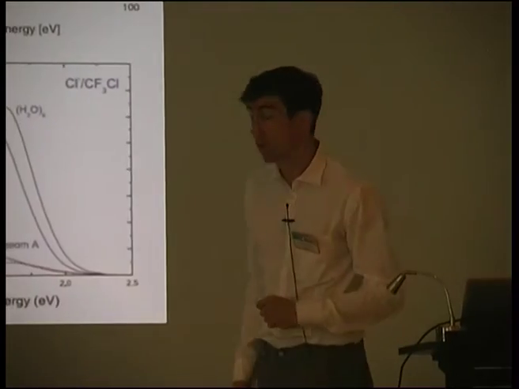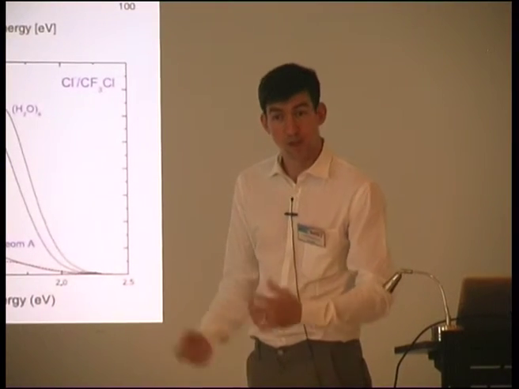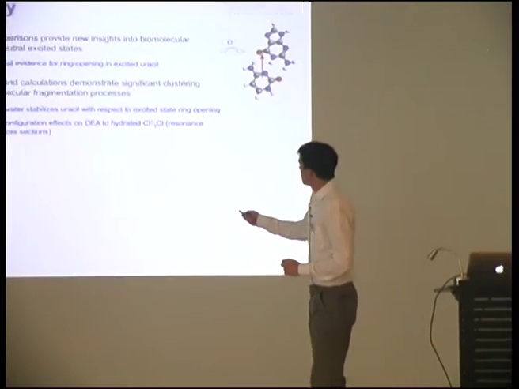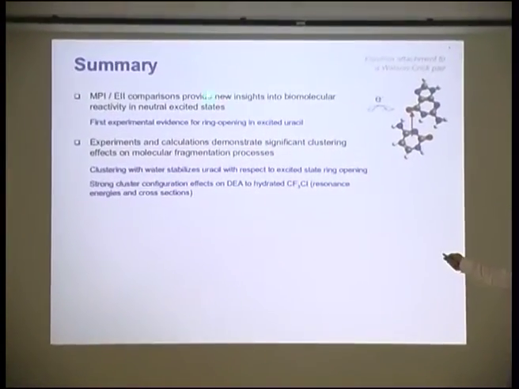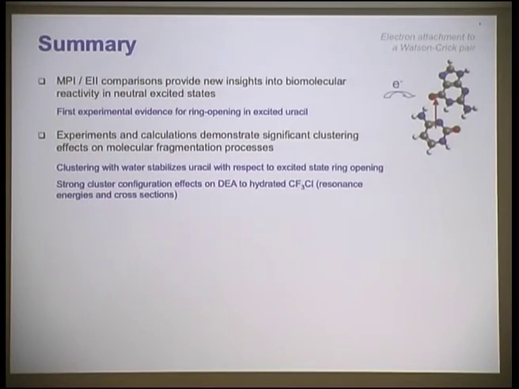So taking these kinds of effects into account is extremely important. And we want to provide reference data to actually be able to test these theoretical techniques. So, in summary, we've compared multiphoton ionization and electron impact and this has provided new insights into biomolecular reactivity in neutrally excited states, including the first experimental evidence for theoretically predicted ring opening in excited uracil.